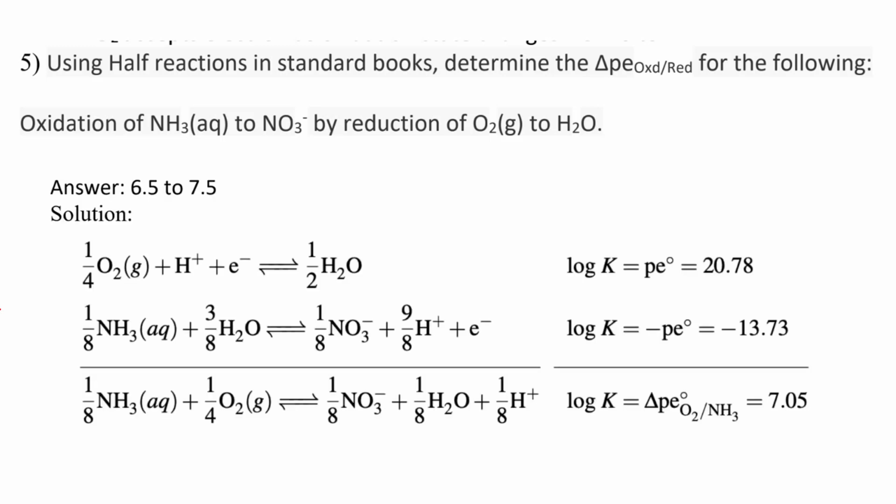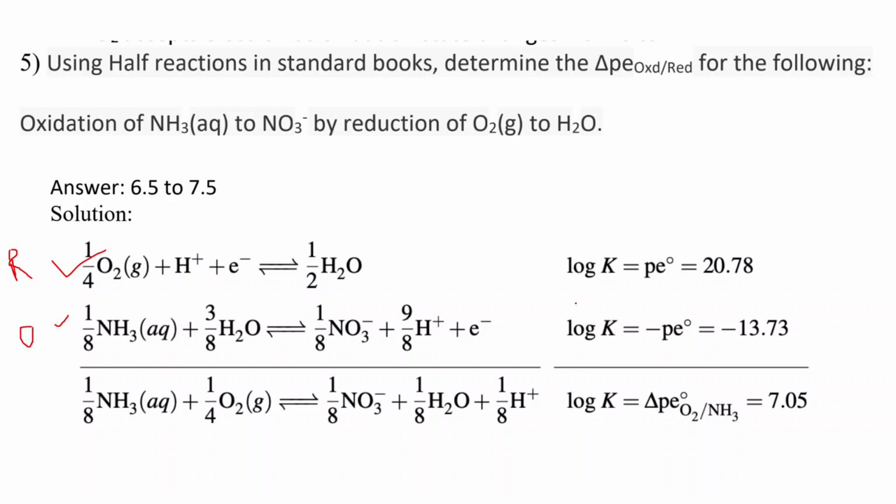We'll see the solution now. So the answer will be between 6.5 to 7.5. Let's see how. So these are the half reactions written. Oxygen plus H plus, it's converted to H2O, and the half reaction for the next process. So this is the half reaction for reduction, and this is the half reaction for oxidation.